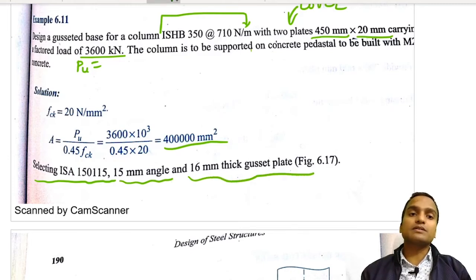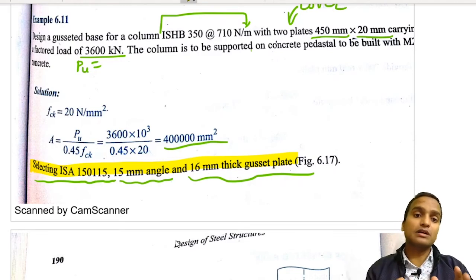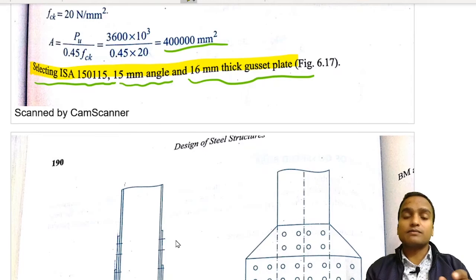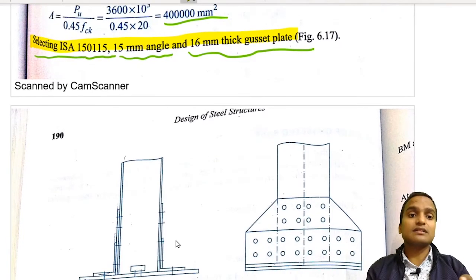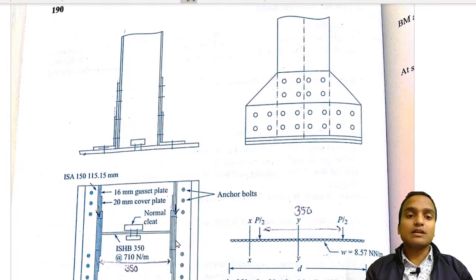So this is our selection. We have selected this to connect this ISHB 350 compression member, which is having cover plates, with the base plate. And so we have chosen one gusset plate of 16 mm thickness and one angle section of this much dimensions, and this connection is being done like this.